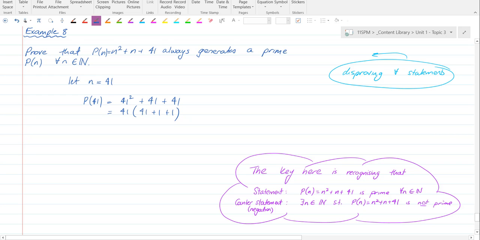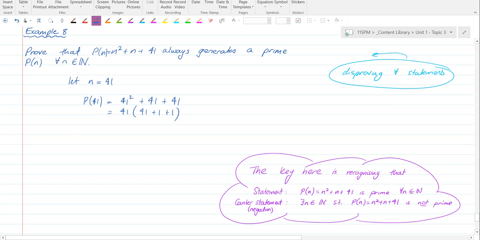It's got a factor of 41. So it actually proves in this case that if you've got a quadratic with a constant term, then there's always going to be a factor at some point. Whatever that constant term, if you substitute that value in, there's always going to be a common factor.